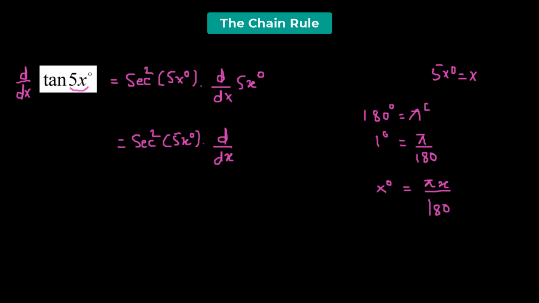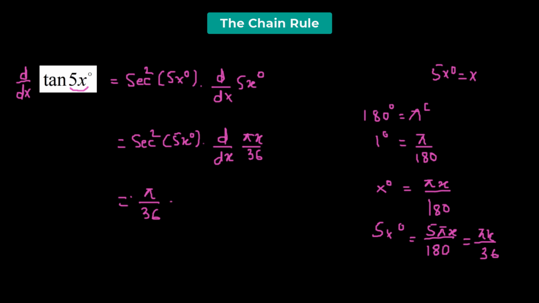So that will be 5 pi x over 180, or simply pi x over 36. Pi x over 36. Now pi over 36 being a constant, we can pull it out.